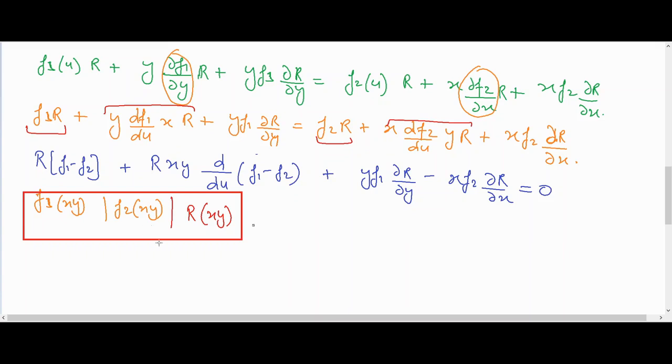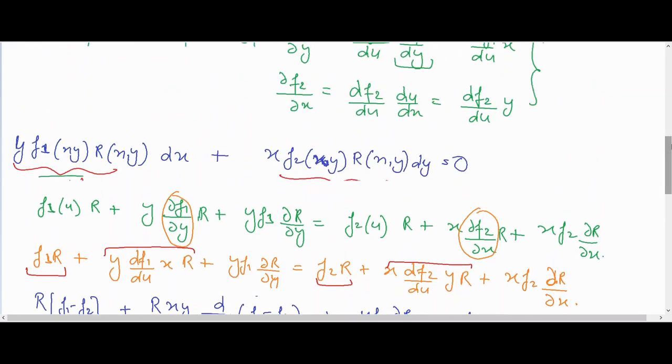Now after this assumption, these del r by del y and del r by del x terms can be modified. How? Let's see. So del r by del x can now be written as dr by du, because xy was u. The exact same procedure which we used for this, we are using again.